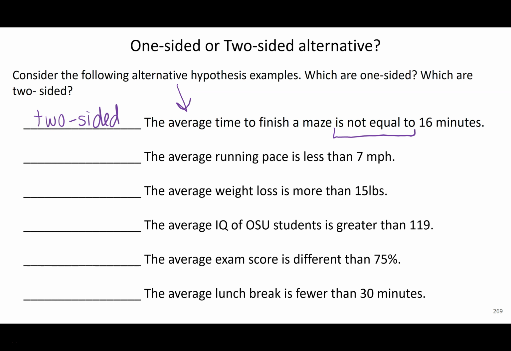Then we have: the average running pace is less than 7 miles per hour. If you're talking about my running, it's a lot less than 7 miles per hour. The words I hone in on in this sentence are "less than." So I'm only interested if it's lower than 7 miles per hour. So it's going to be one-sided.